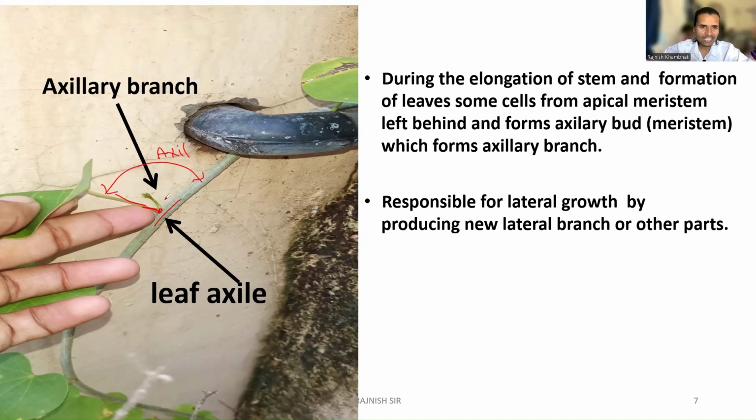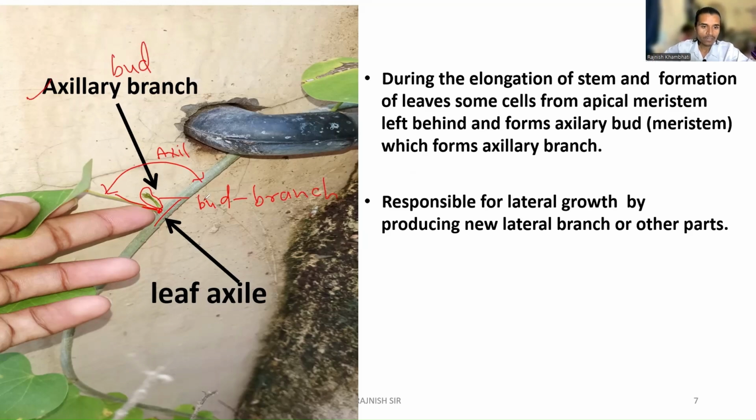In this axil, you can see a small bud, which will later on become a branch of a plant. This bud is known as the axillary branch or axillary bud.